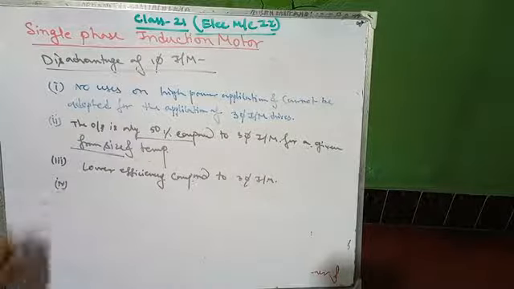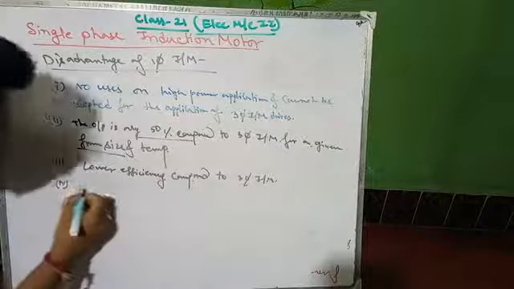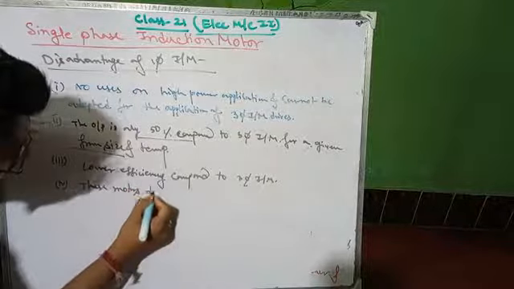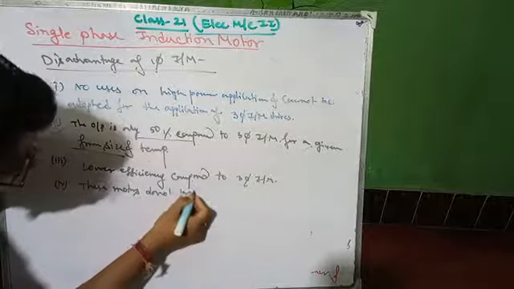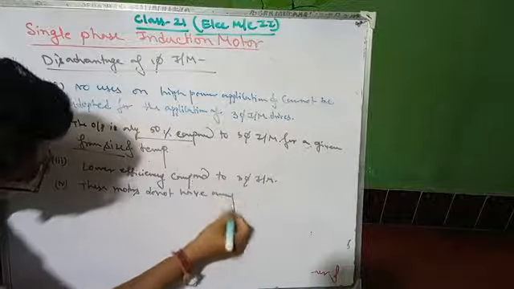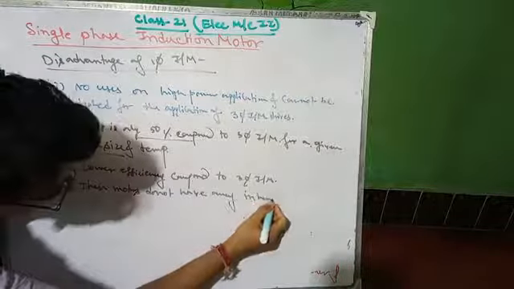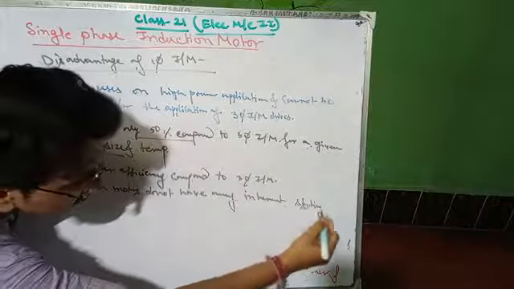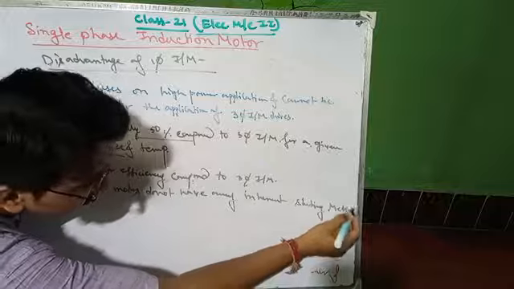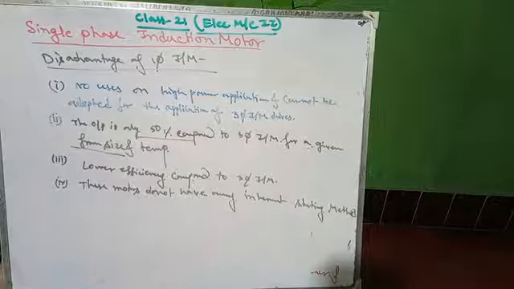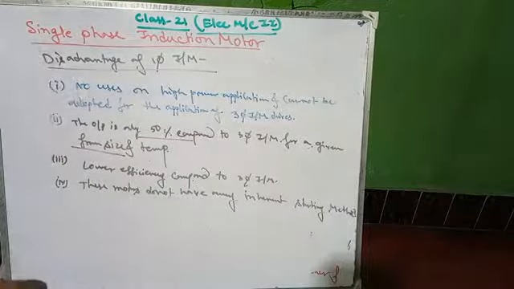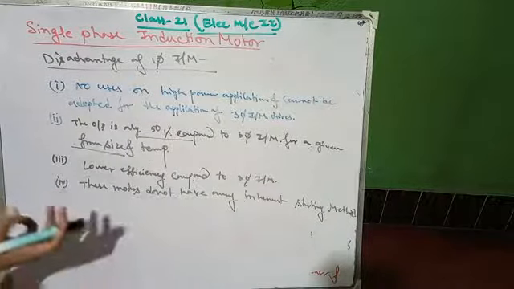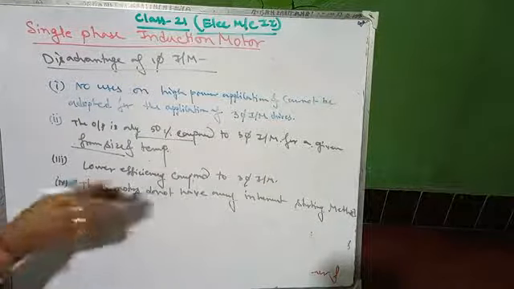And Roman 4, these motors do not have any inherent starting method. That is, it is not a self-starting machine. It requires some external equipment or external circuit to be started.